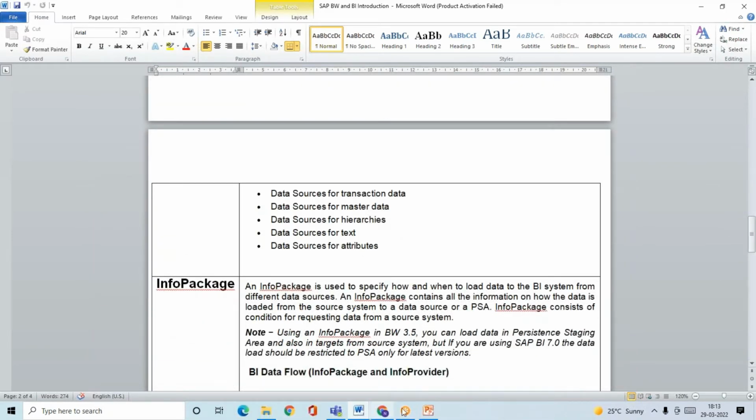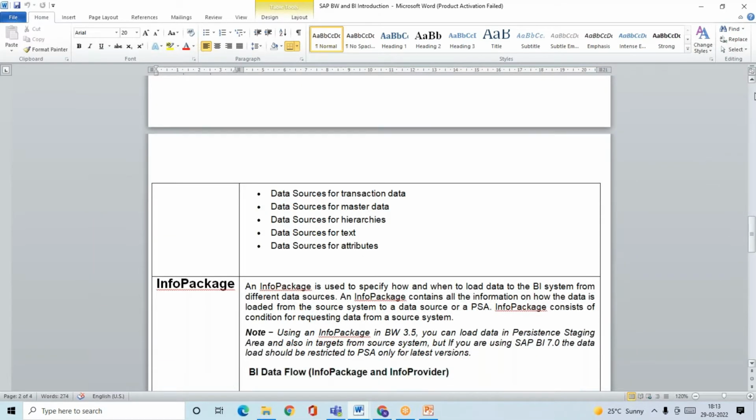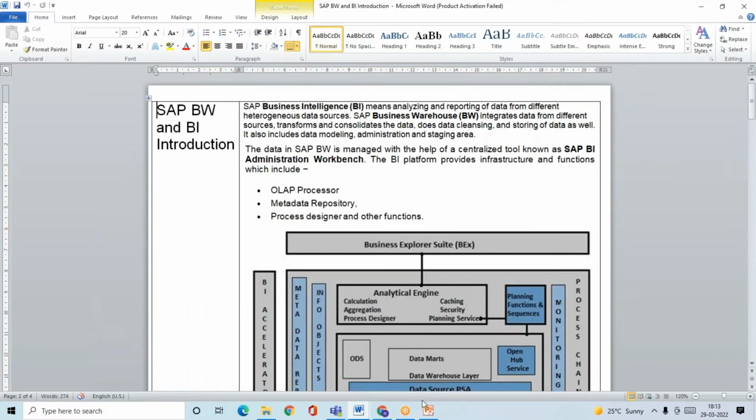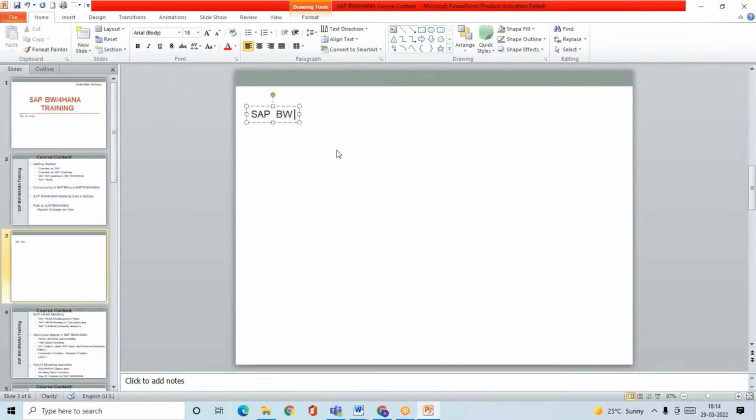The main difference I want to convey is, till SAP BW 7.5, this is on Oracle. The DB is Oracle. Okay, and then you have SAP BW on HANA.